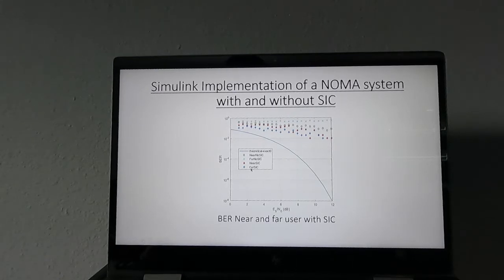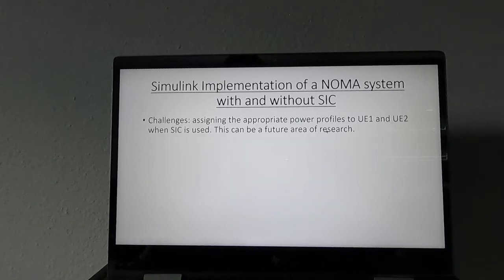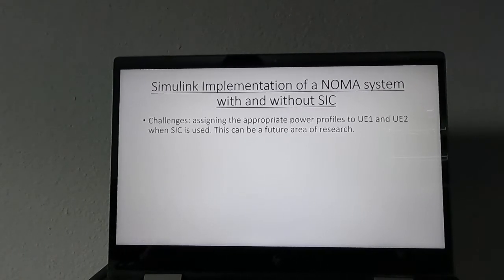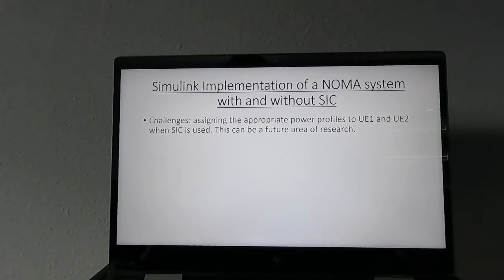Now here's the far user with SIC, and the bitrate has improved from the previous case, and in some instances the bitrate is better than the near user with SIC. And this is one of the challenges of a NOMA system, how to assign the appropriate power profiles to near and far users, and that could be another area of research.